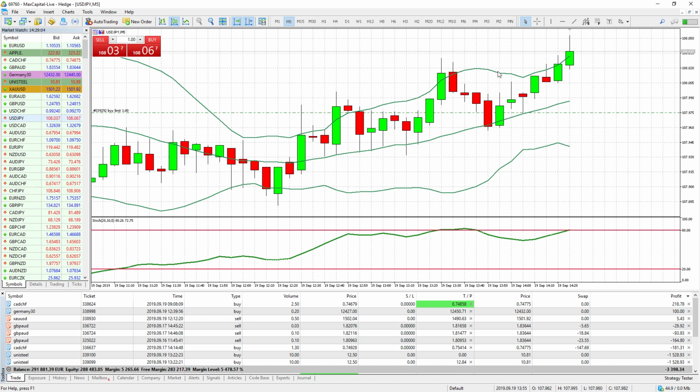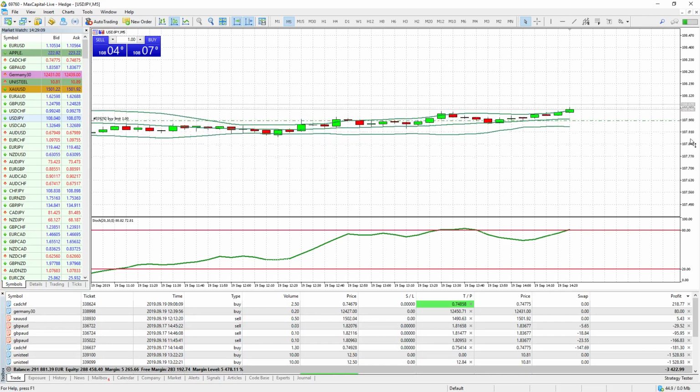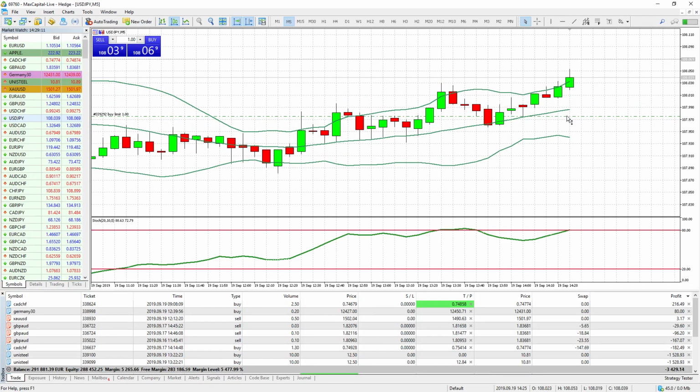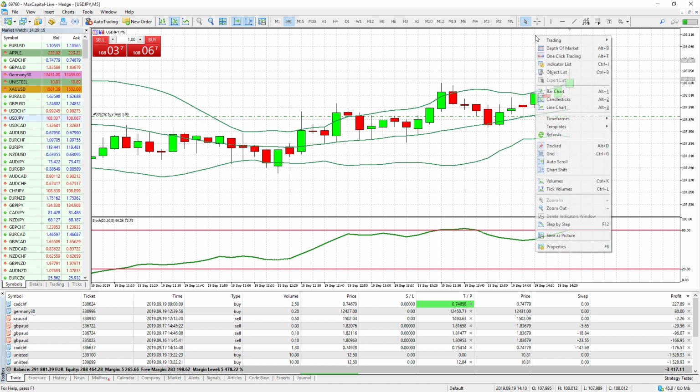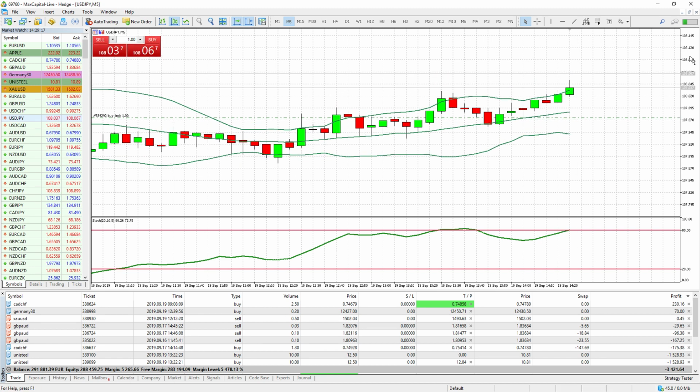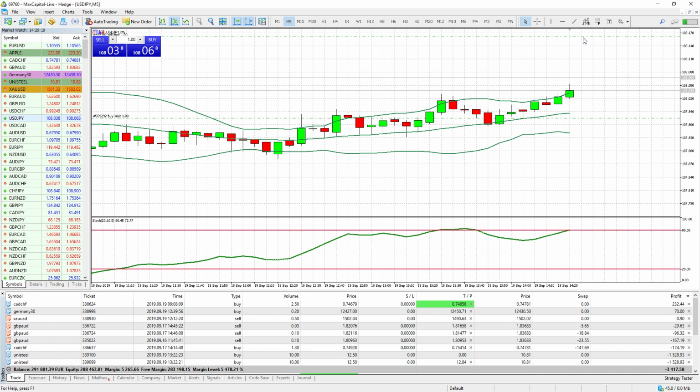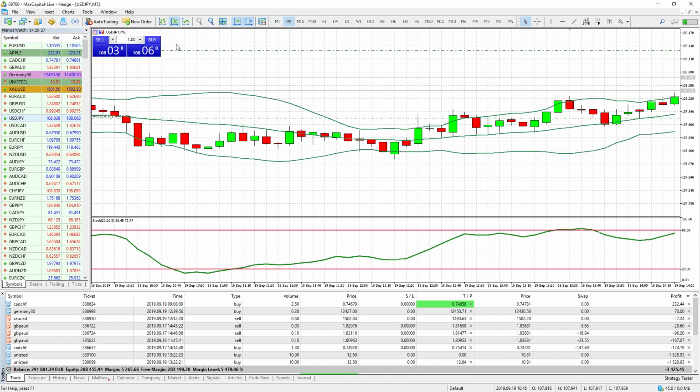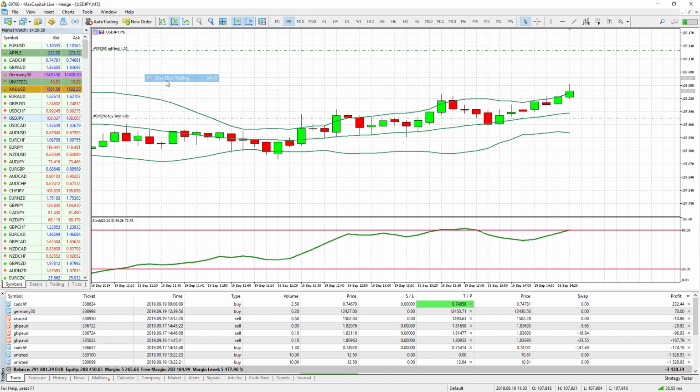Let's say I see the USD JPY. Here we put the buy limit, but still let us put the sell limit also. Let us make a difference of 80 pips. I cannot see it, but still probably it's here. Let me use one click trading.